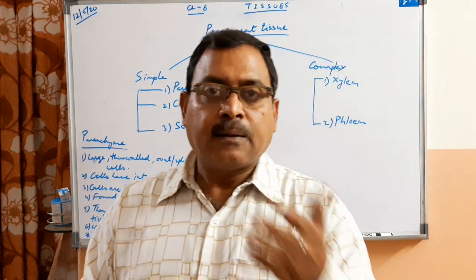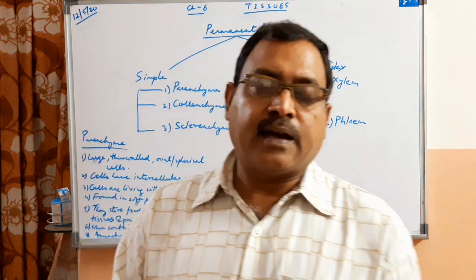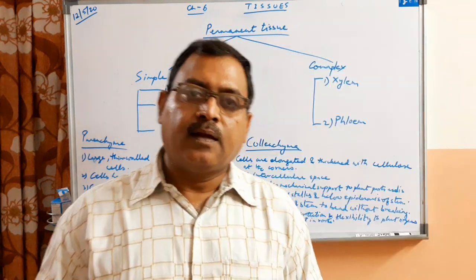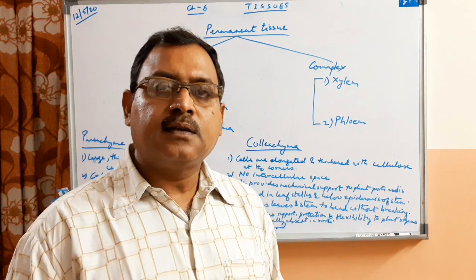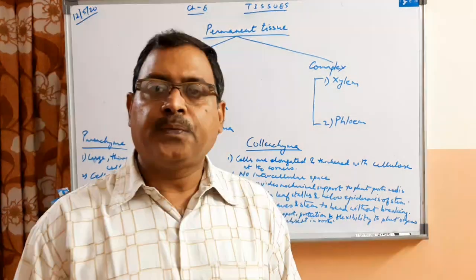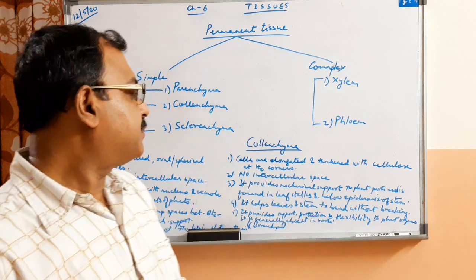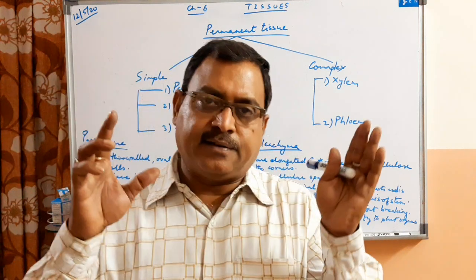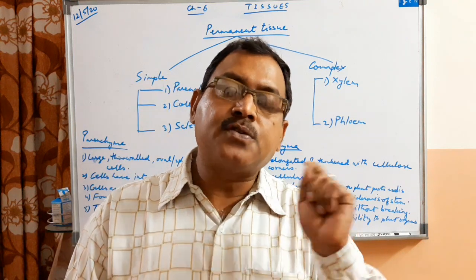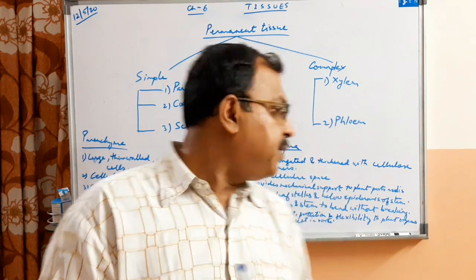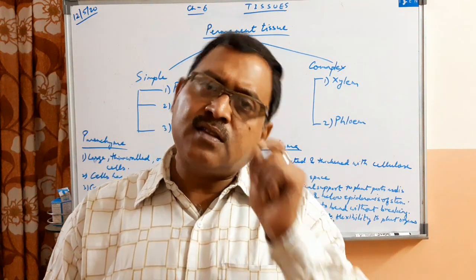So in the next part, after parenchyma comes collenchyma. The second important simple permanent tissue is collenchyma. Now in collenchyma, the cells are elongated and they are thickened at the corners by deposition of cellulose. Now in case of parenchyma, the cellulose wall is very thin.